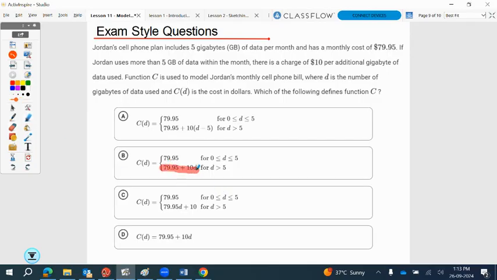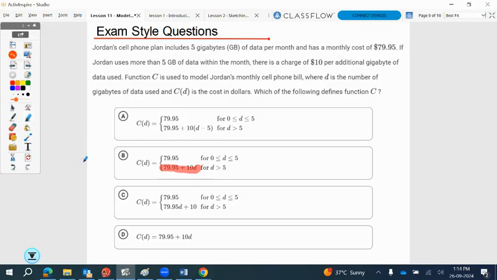The problem with this one is it's not going up. Sorry, the problem with this one here is it is going up by 10, but when we put in d equal to 4, we're going to be adding on 40. We shouldn't be adding anything until d becomes 5. And it's this piece here that does that for us.